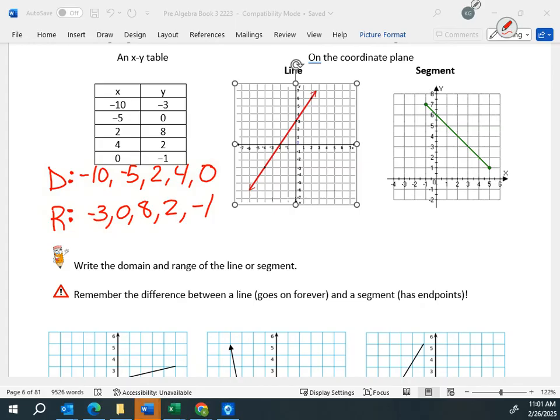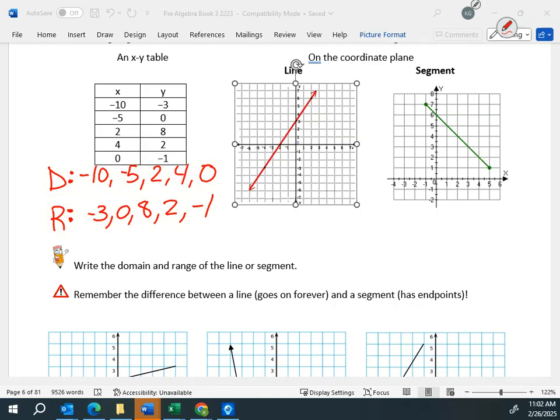Easy peasy. Done. The graphs are a little more complicated. So if we look on that coordinate plane, I see this graph has arrows, and this graph has points. What do we call each of those graphs? What was graphed on the first graph?